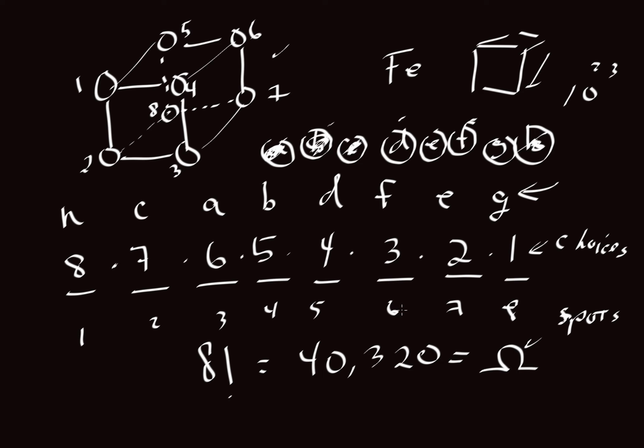So we have many, many different kinds of configurations. What that means is that the total entropy in a system can be very, very large.